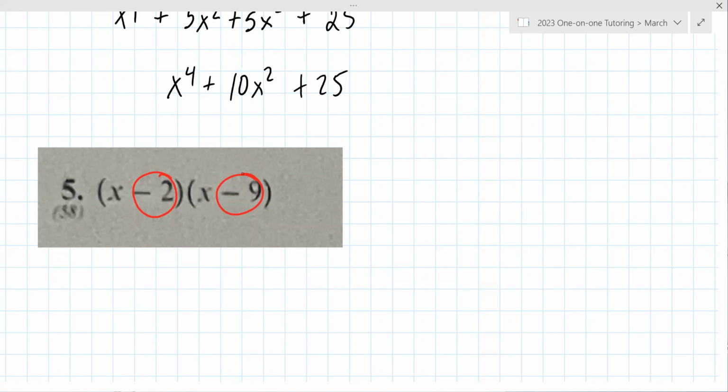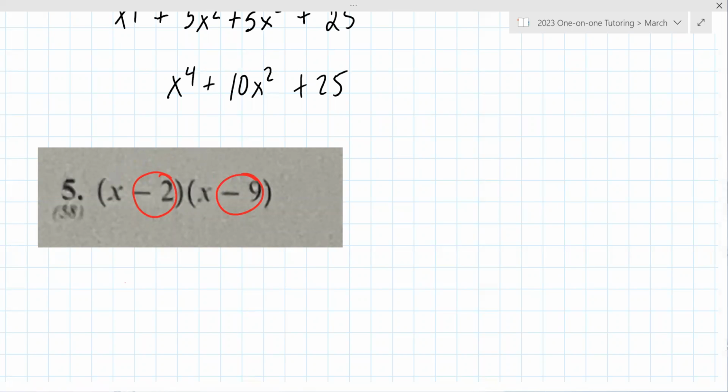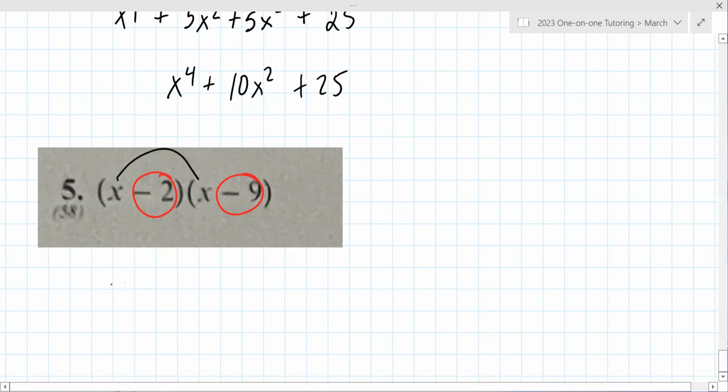You can only combine the O and the I generally. So x times x, actually, let me do a different color on that. X times x is x squared. Is that clear? Yeah. And then you got x times -9 is -9x.